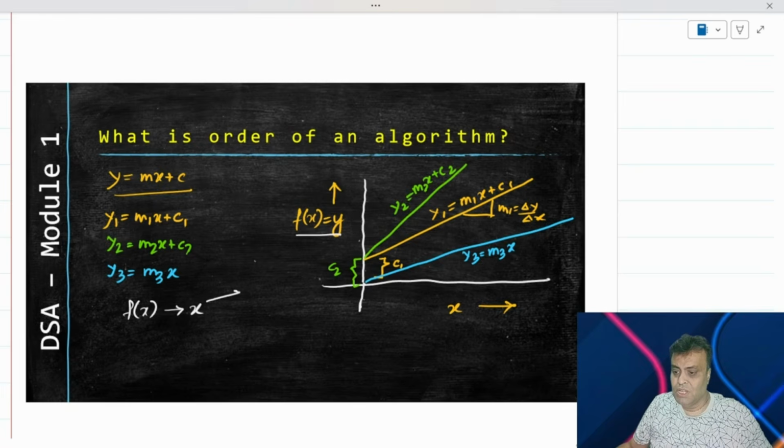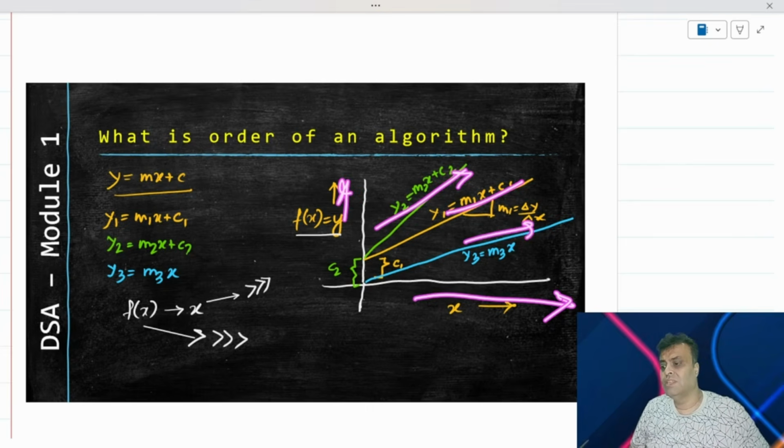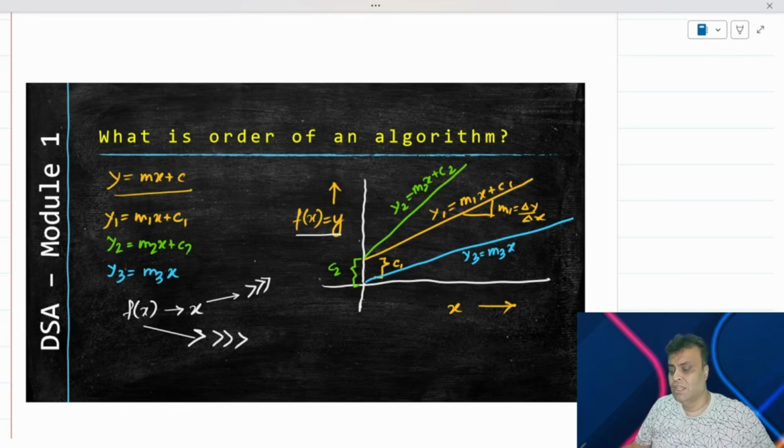The more you increase x, the more fx also increases. The more I increase x, the more these lines increase from a y standpoint. That is key for you to understand: the y-axis component is completely dependent on the x-axis component. The more the x-axis increases, the more the y-axis will also increase.